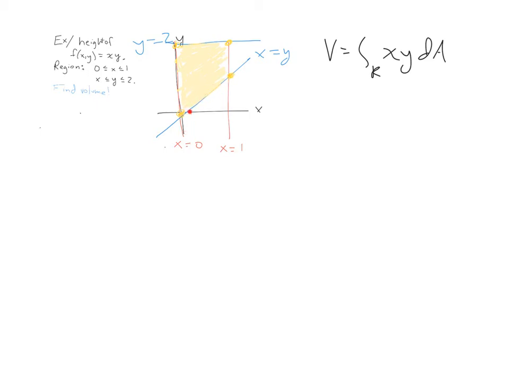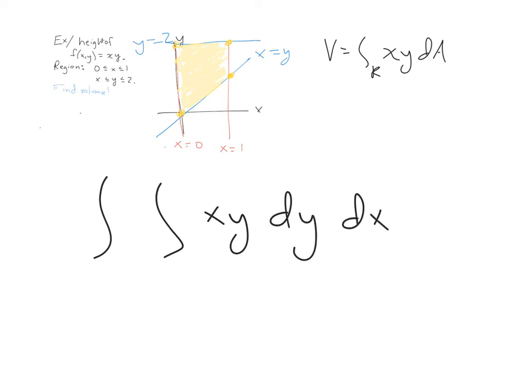However, if we start with y and move vertically, then at every point we can describe this lower bound with this line and this upper bound with this line. So let's use vertical strips to set up this integral. So we'll have an integral of xy, dy, dx.